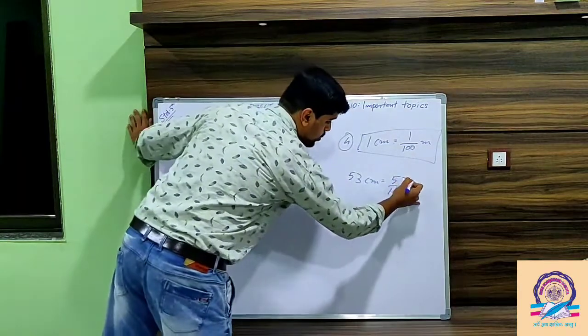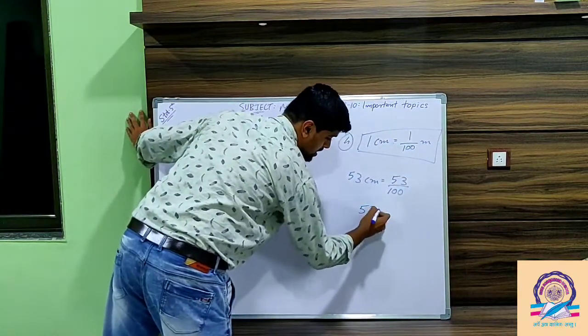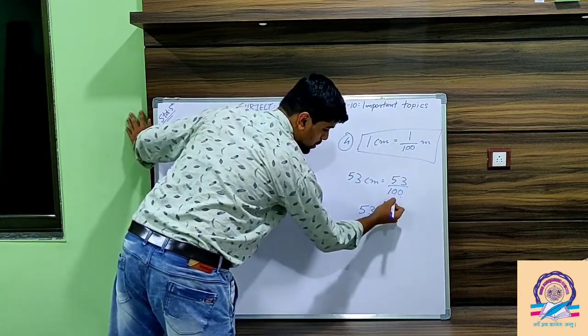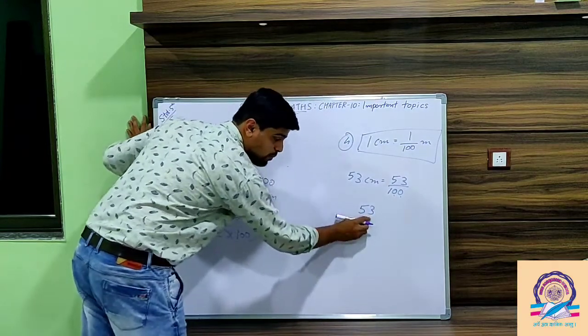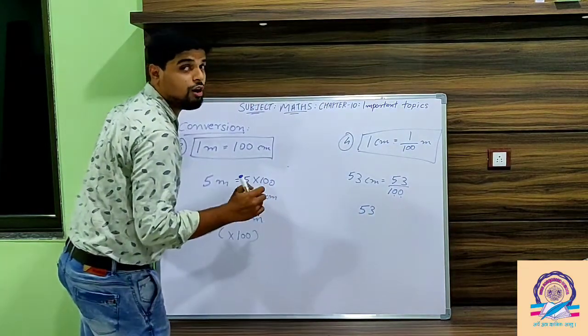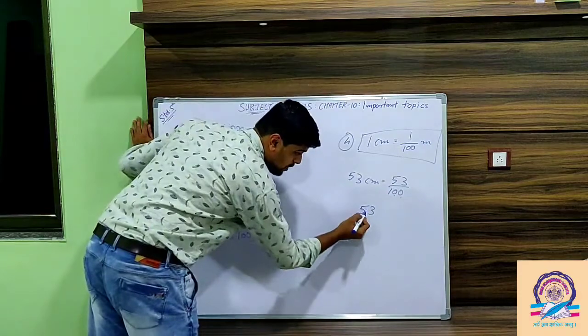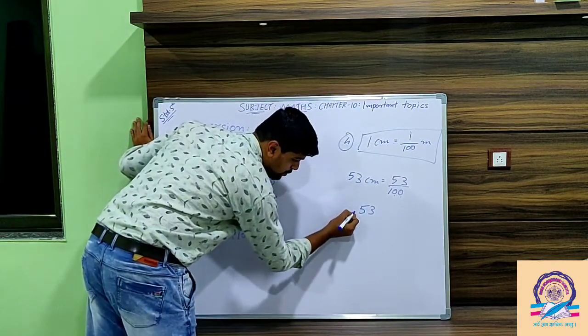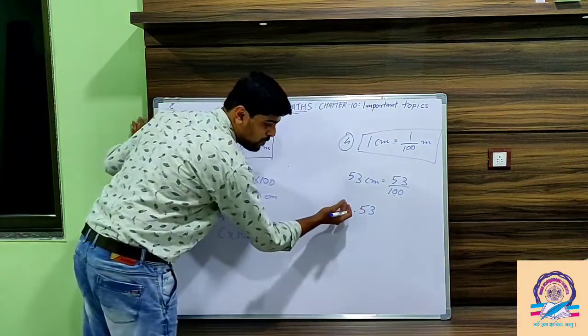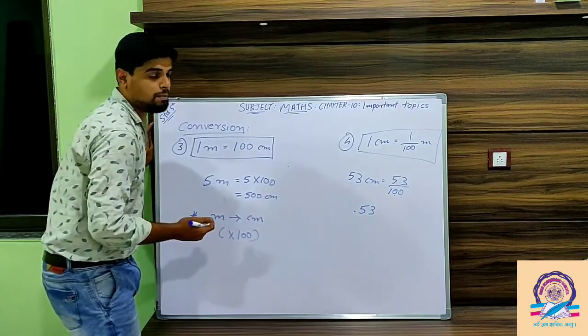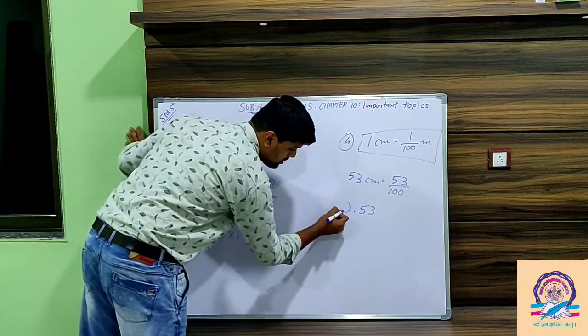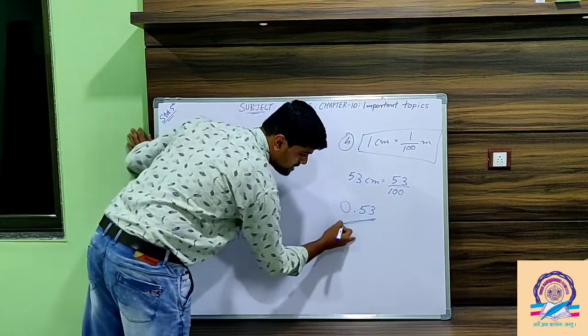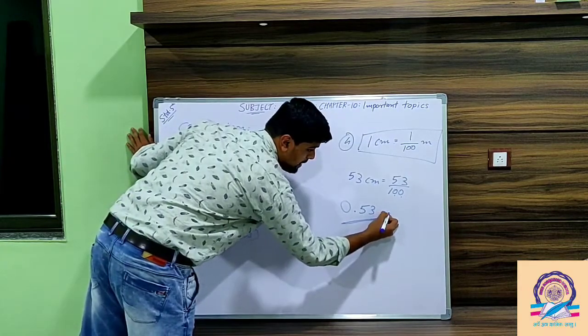We write the numerator as it is. Now we count the number of 0s, 1 and 2. So before how many digits do I put the decimal point? 2 digits, 1 and 2. Here I put the decimal point. Since no other number is before the decimal point, I put 0 here. So our answer is 0.53 meter.